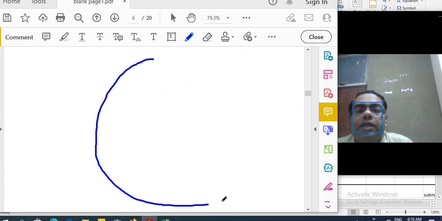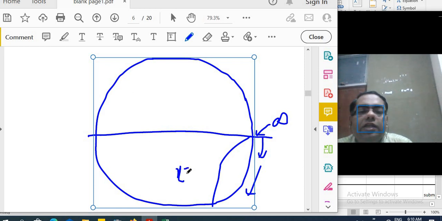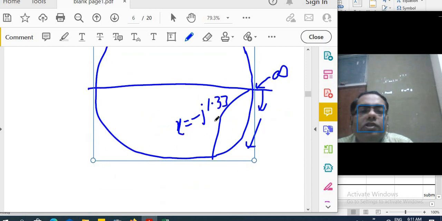Now I can show it clearly again. This is my Smith chart. I will start from here because this represents infinite impedance. I will travel like this till the point where the reactance x is minus j 1.33. Because negative is below, I will travel to this point only.